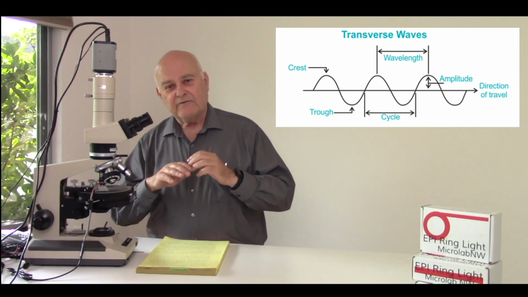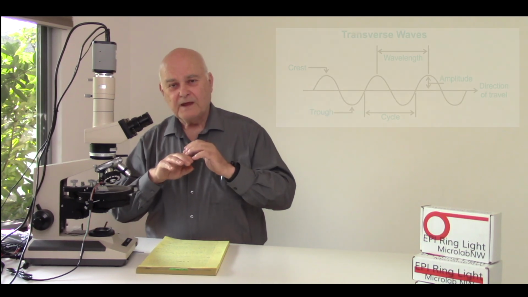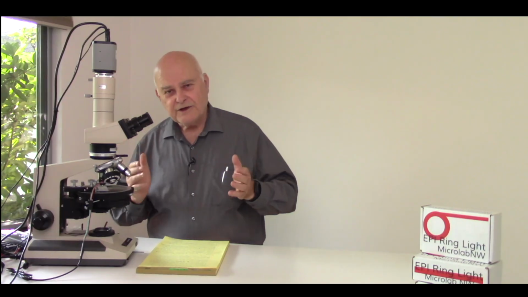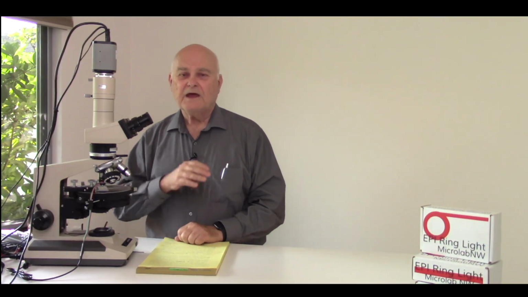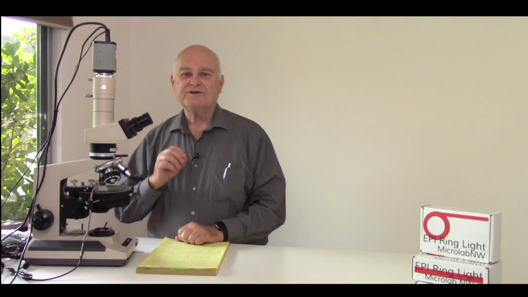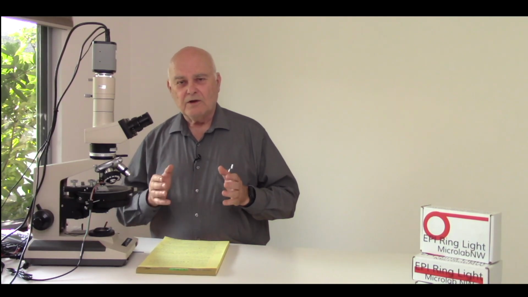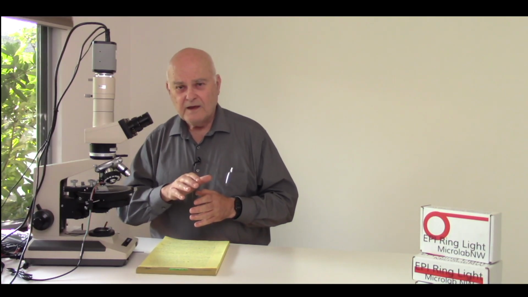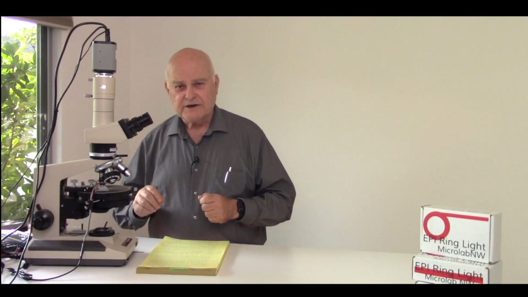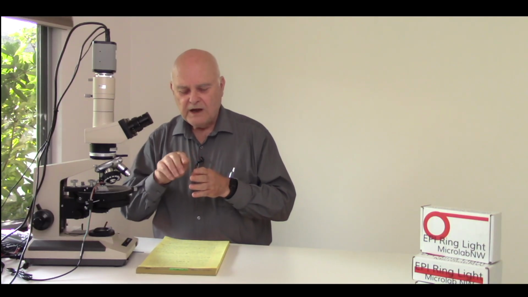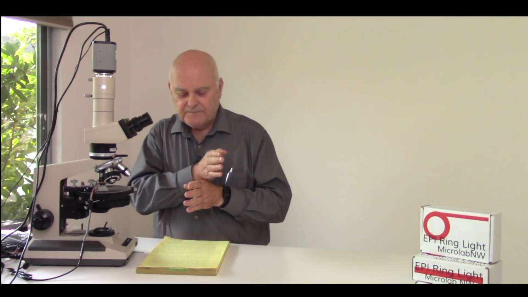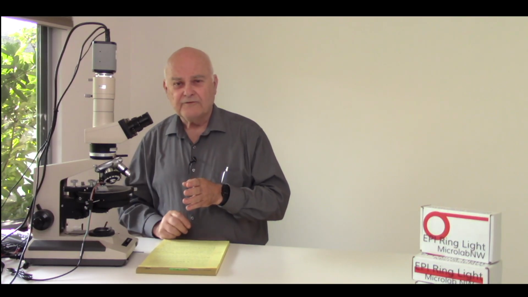So we have amplitude and we have length. There's another property, and that property is referred to as frequency. When we look at a traveling wave, we can speak in terms of how many wavelengths or how many crests pass us at a given unit of time.